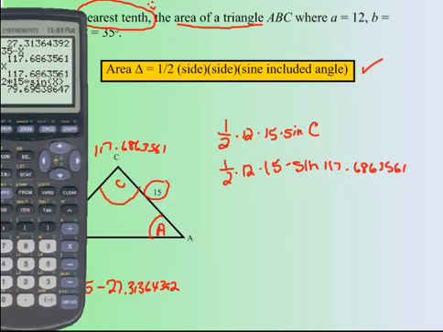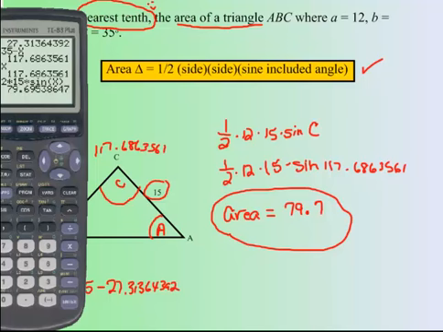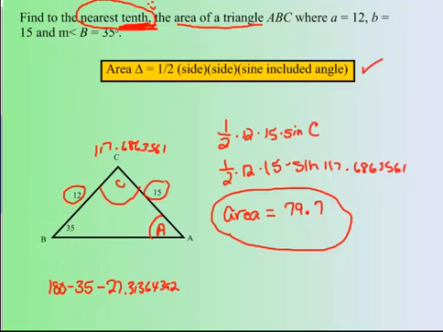There we go. Finally, the area of this triangle is 79.7, because that's where I can finally round to the nearest tenth. I can't keep rounding within my problem. I round at the end.